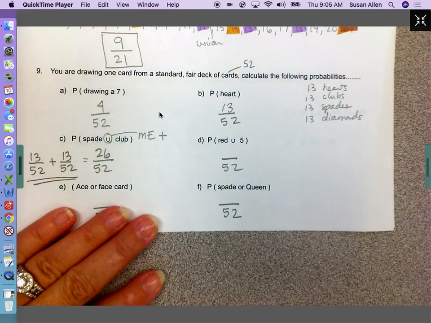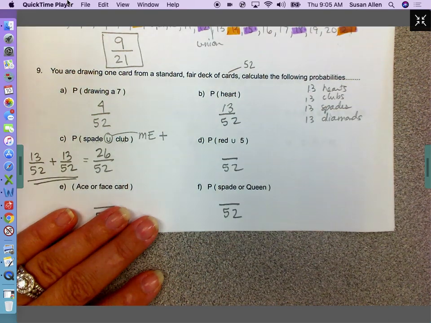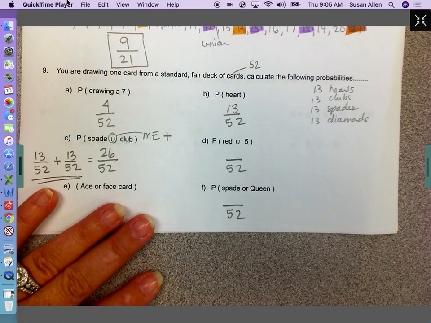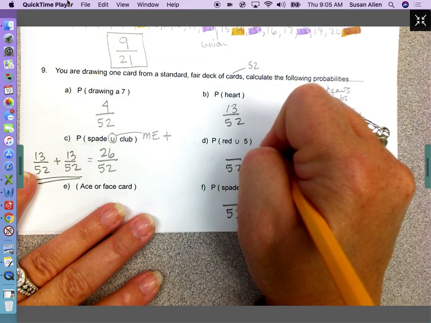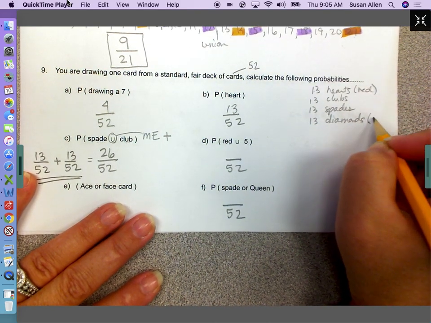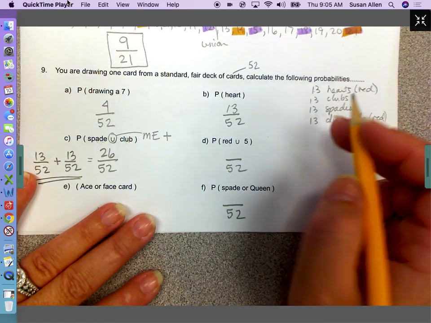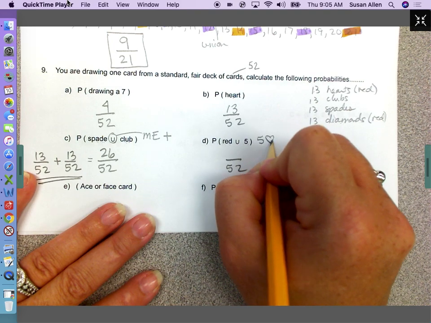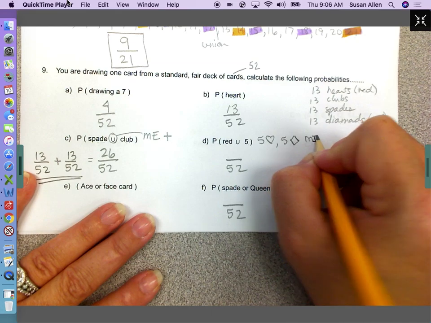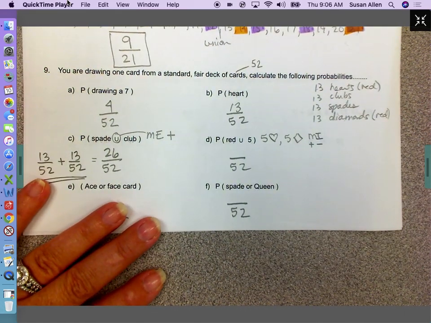On part D, you are asked, what is the probability of a red or a 5? Well, can a card be both red and 5 at the same time? Yes. In fact, the red cards are hearts and diamonds. I could have a 5 of diamonds and a 5 of hearts. That makes this event mutually inclusive, which means I will first add, then I will subtract.